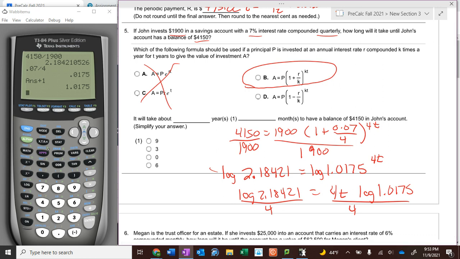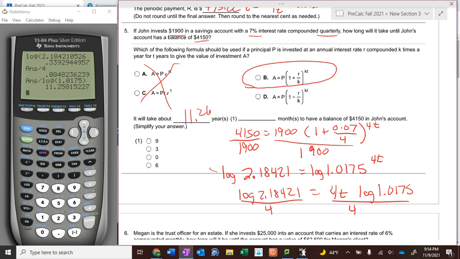So I take the log of that number, divided by 4, and then divided by the log of 1.0175. And that's going to take me 11.26 years.